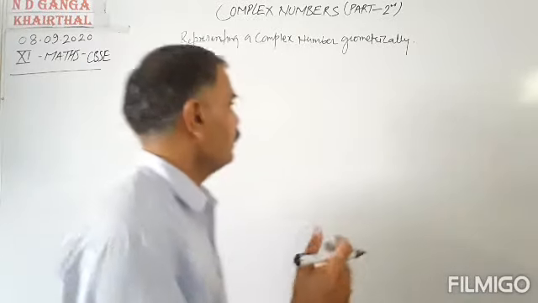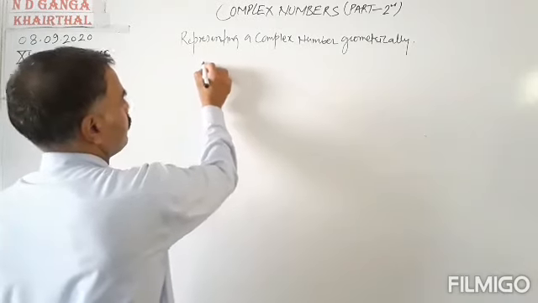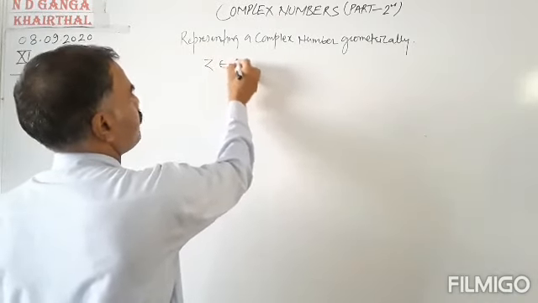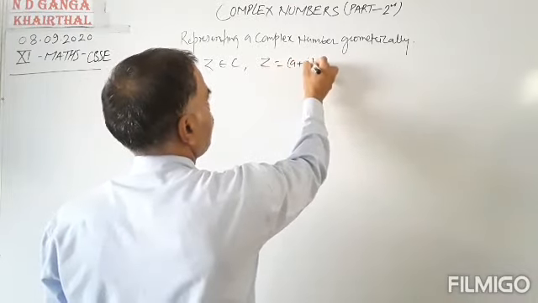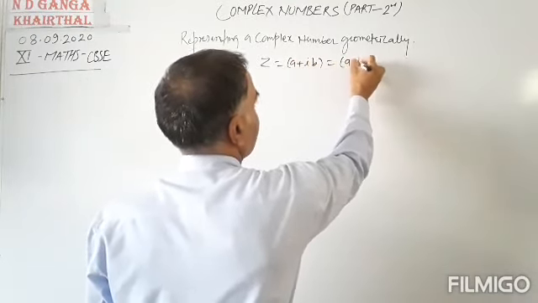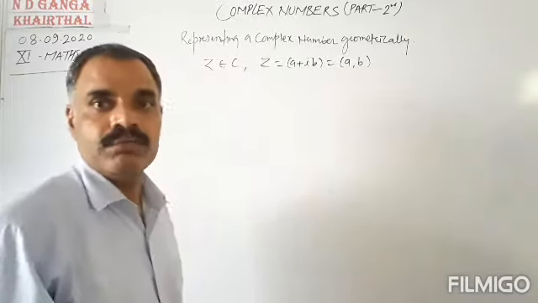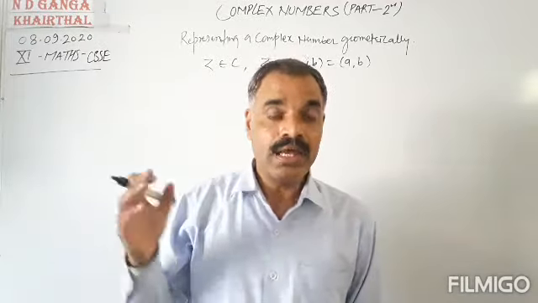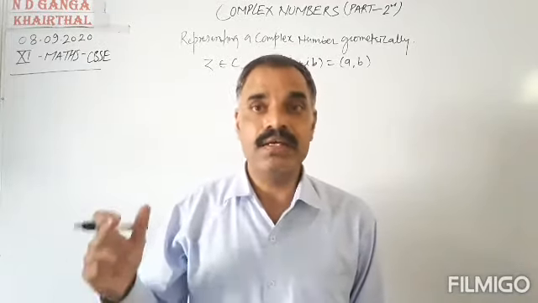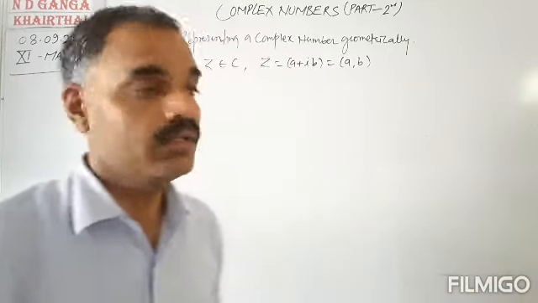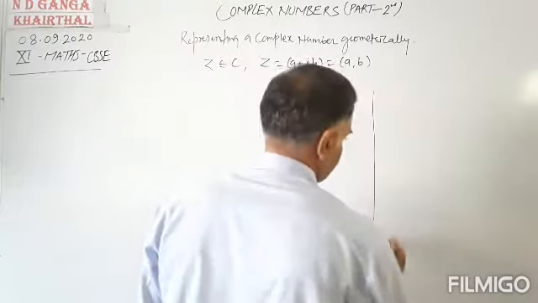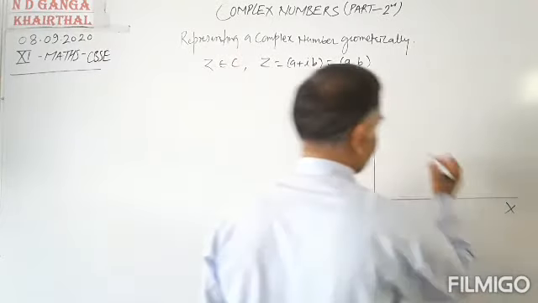We know that any complex number z belonging to C can be put in the form a plus iota b, meaning in the ordered pair (a, b). We know that the ordered pair (a, b) can be plotted in the two-dimensional coordinate plane, that is x, y.